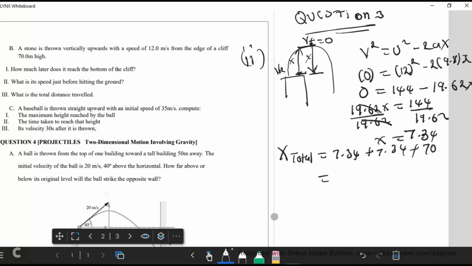So you add that plus 70, and your answer gives you 84.7 meters. So this is how you answer question B3, where they're asking what is the total distance traveled.